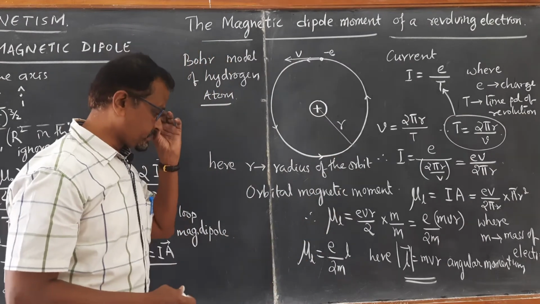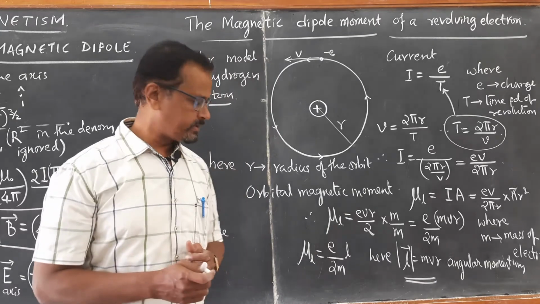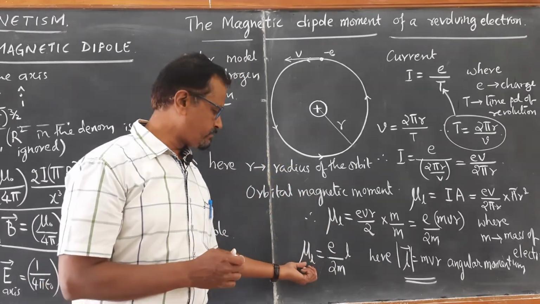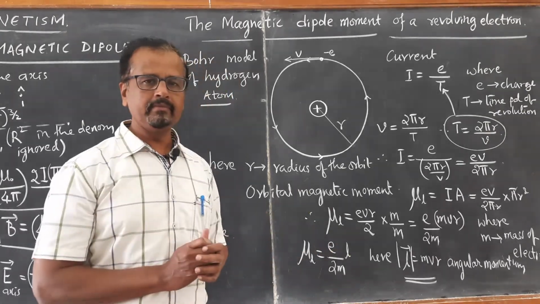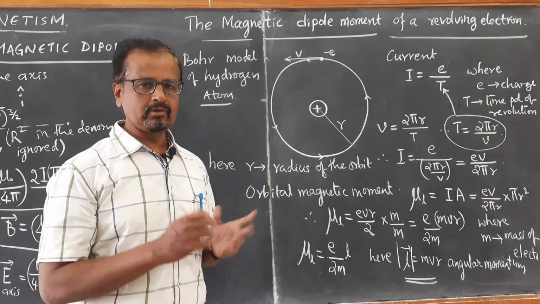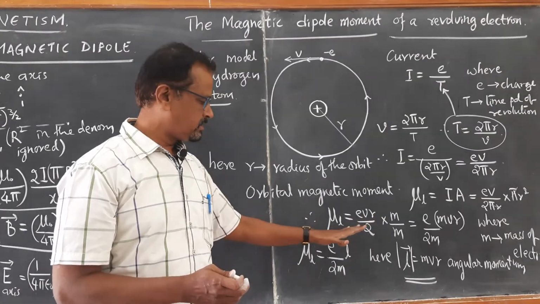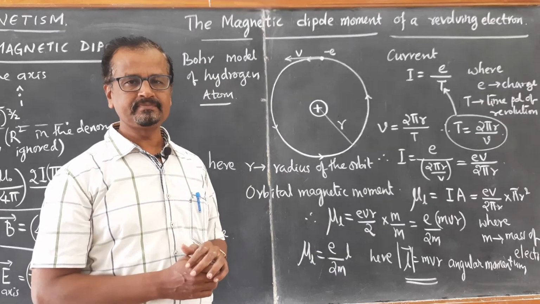Now it's very interesting. Magnetic moment is a vector quantity and angular momentum is also a vector quantity. The question arises: is this magnetic moment of the revolving electron in the same direction as that of the angular momentum?